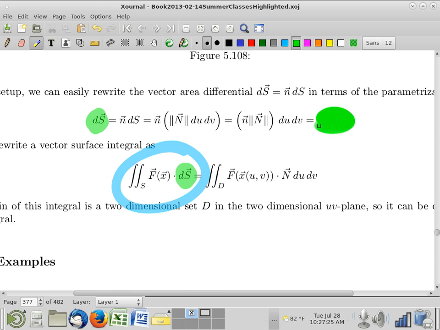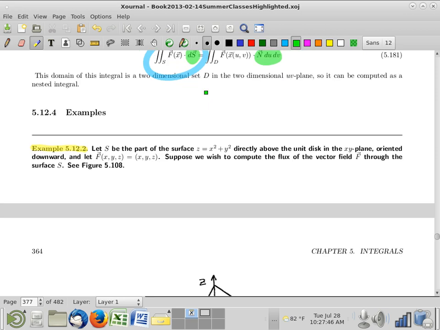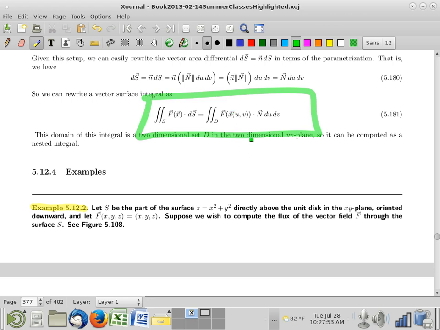The ds vector, in terms of the parameterization, is capital N du dv. And we already know what capital N is. Capital N is the same capital N from three sections back. It's xu cross xv. So plug and chug at this point. We'll see an example. There's one little twist that we need to worry about, but basically most of what we're going to need is right there. Everything here is in terms of the parameterization.